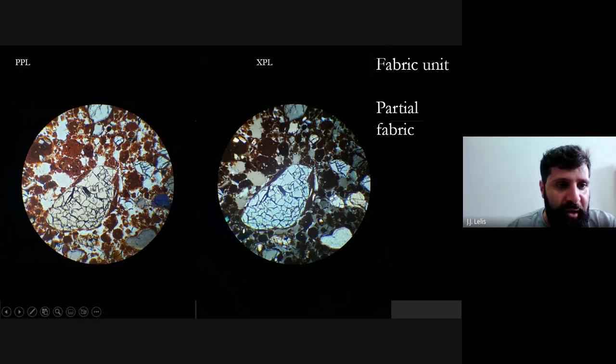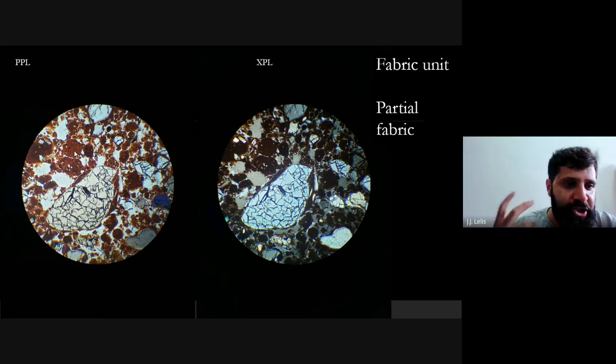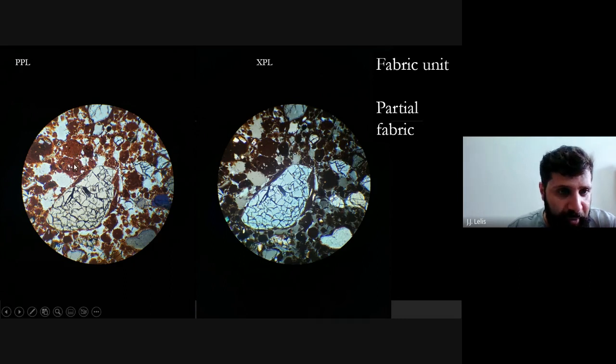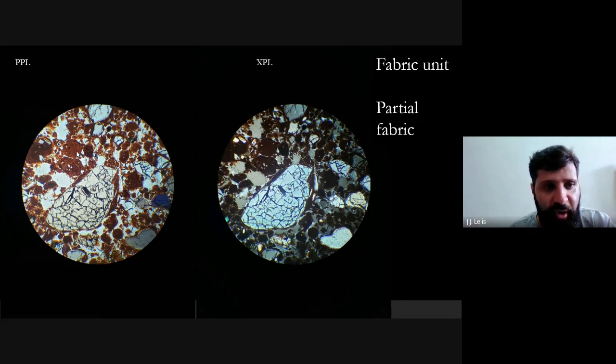So if I compare these aggregates and see, okay, they have similar size, color, and shape, I can group them as a specific group. This specific group is a partial fabric. So the partial fabric is composed of fabric units that possess similar characteristics.